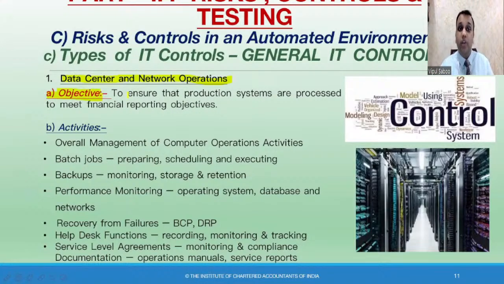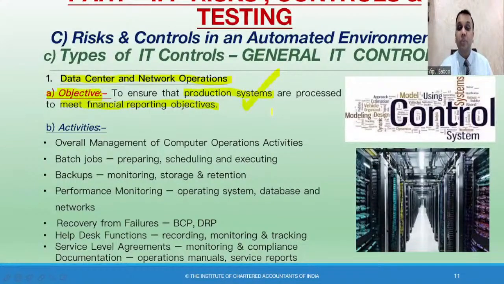So the objective of these controls under data center and network operations is to ensure that production systems are processed to meet financial reporting objectives. Whatever information the system is producing, it is processed in a manner that our financial reporting objectives are achieved and not compromised.